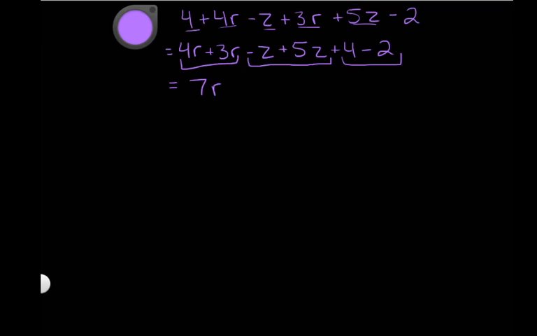Negative z plus 5z, so that's negative 1 plus 5 is going to be positive 4z. And then I have positive 4 minus 2, so that is plus 2. And that's our answer. So all we did was simplify this polynomial by combining our like terms.